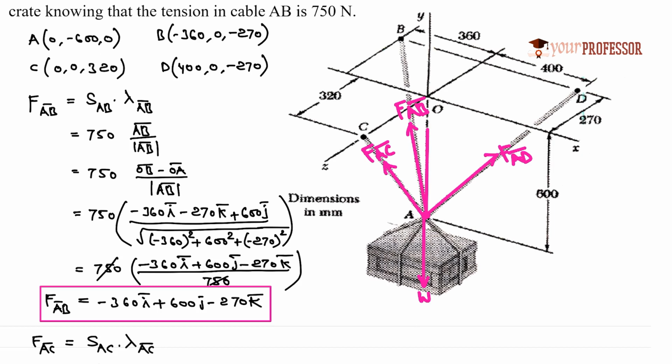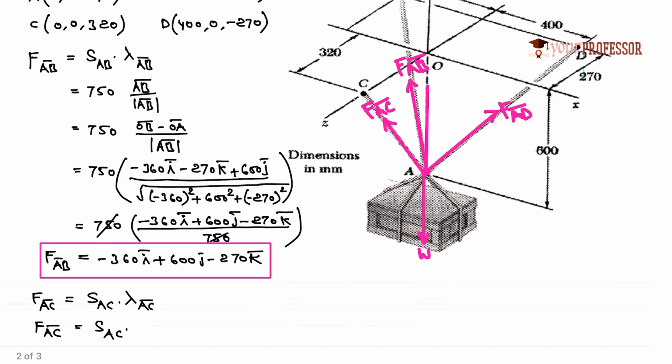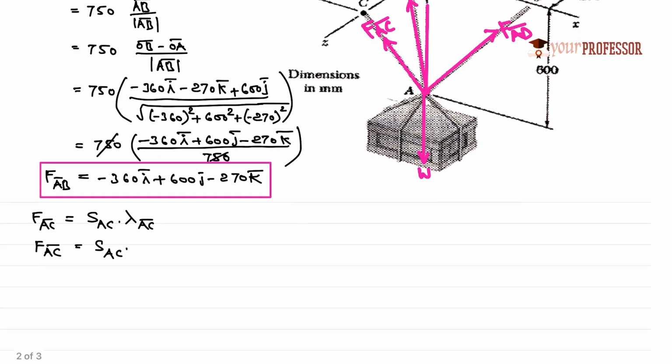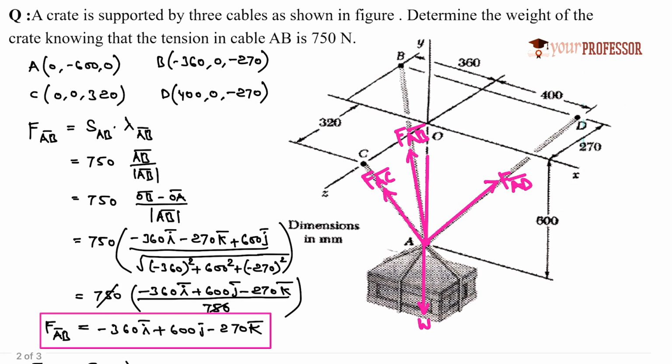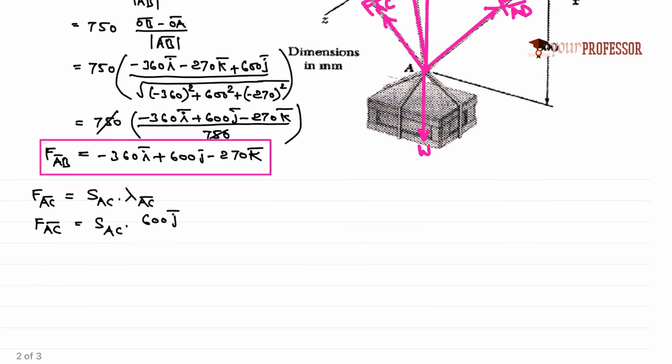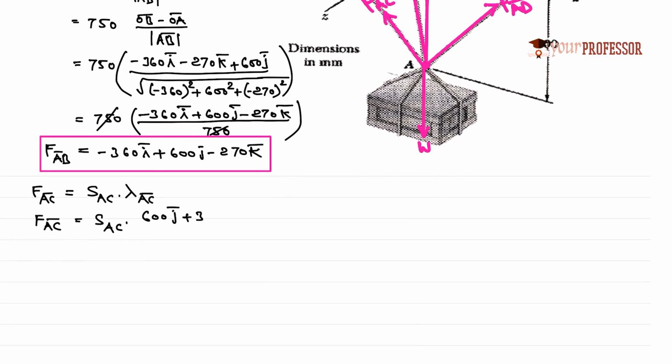So if we do that, 0 minus 0, no need to write, 0 minus of minus 600, so that is plus 600. You can write it here, 600 J bar and 320 minus 0, that is 320 K bar, divided by its magnitude, square root of 600 square plus 320 square.